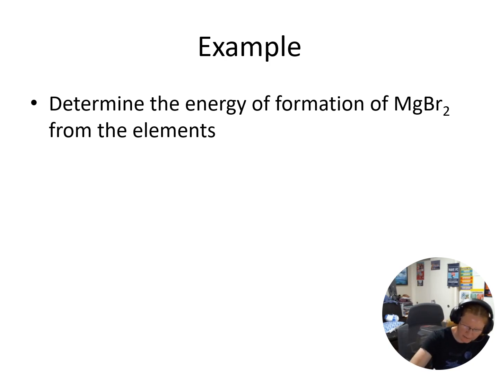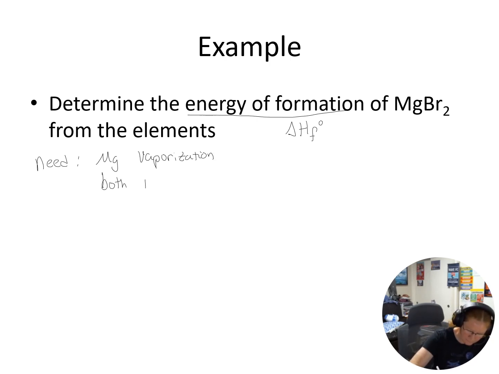So we want to determine the energy of formation. So that is delta H sub F. Okay? So we need to know a few things. What information are we going to need to know? We'll need to vaporize the magnesium, both IEs for magnesium. We'll need the bromine dissociation.